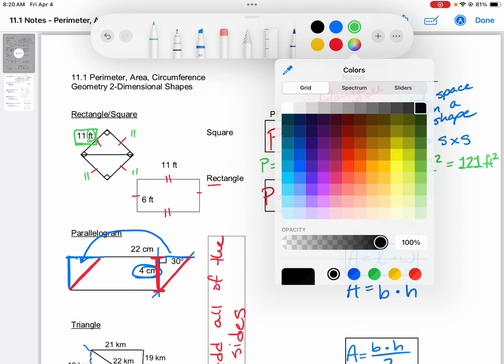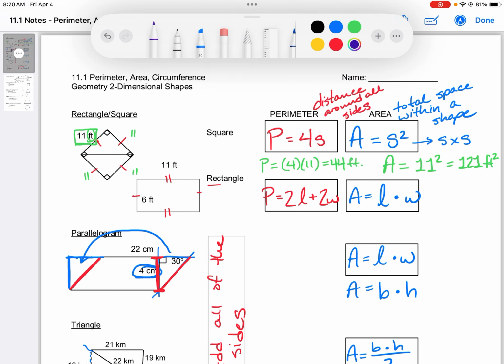Now moving on to the rectangle. The rectangle has a length or height of 6. It has a width or a base of 11. So for the perimeter, we would say 2 times 6 plus 2 times 11, and that would be 12 plus 22, which is 34.